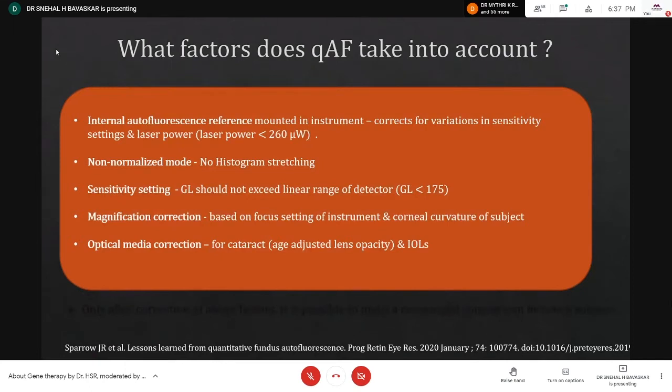All of us know that the lens takes a part in quantifying autofluorescence. It reduces the intensity of the autofluorescence, so the machine takes care of it. Also, in pseudophakic patients, there is a transmission factor in the software which calculates and compensates for the changes in the autofluorescence. Only after correction of the above factors is it possible to make a comparison between the subjects.